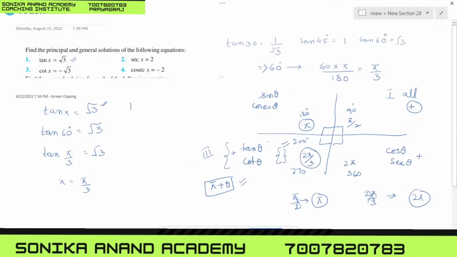So here we use tan of pi plus pi by 3 for the second value. This is the first value. Now take the LCM of 3 pi plus pi. So it becomes tan 4 pi by 3 is equal to root 3.